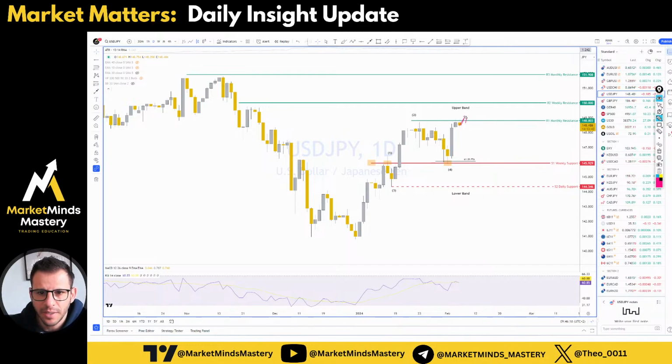So if the price moves upward, we're going to look to buy it, and we're going to target the 150. It's one of the best levels to look at on this one. 150, round number, psychological number. Everyone is looking at that. So please pay attention to this one.